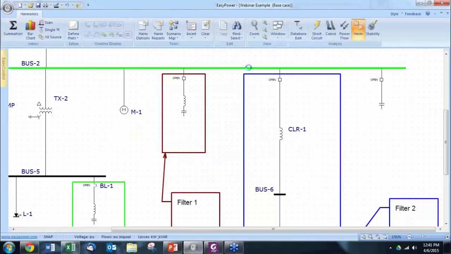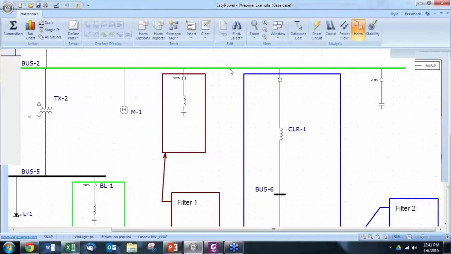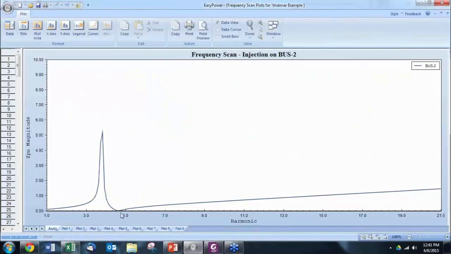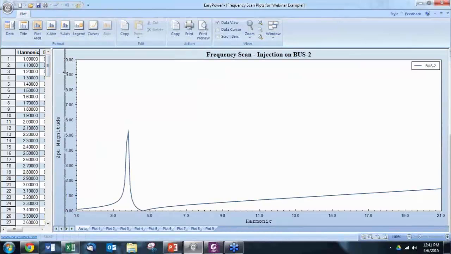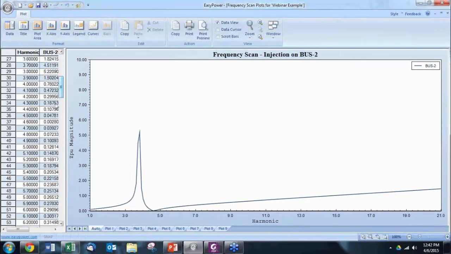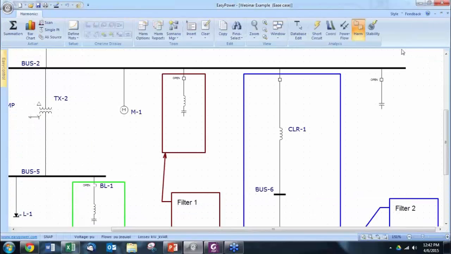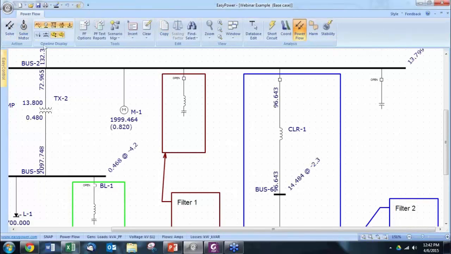And now the filter is tuned a little below the fifth, 4.7, 4.6. Yes, 4.6. And that is the best way to do it. When we run the power flow, the current went down almost 2 amps.